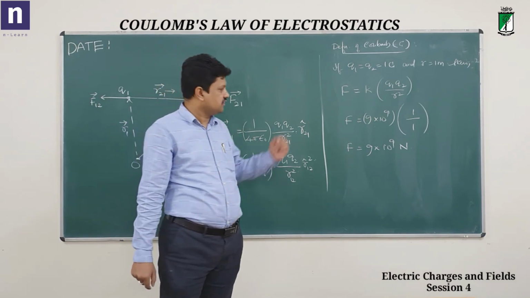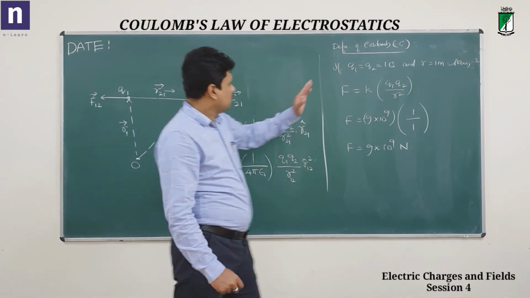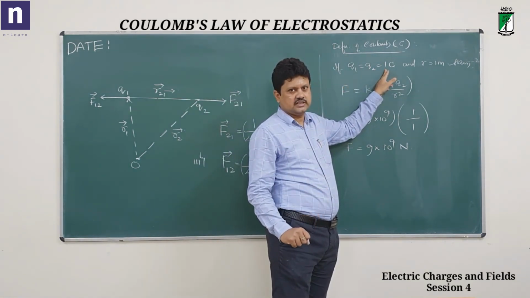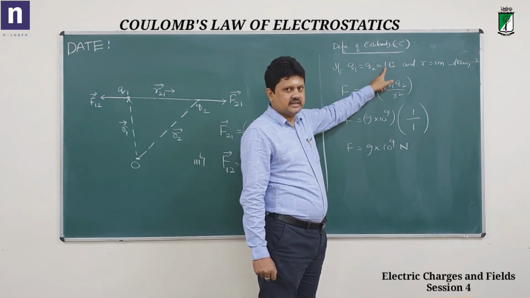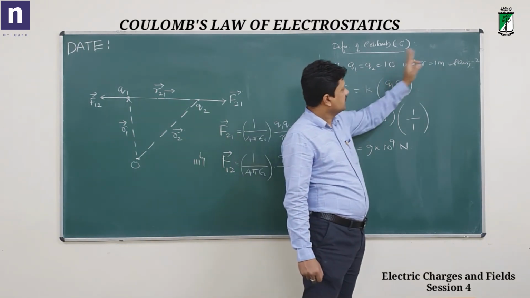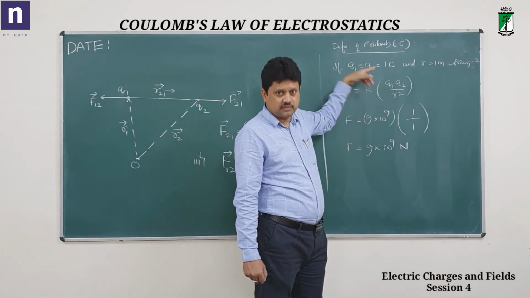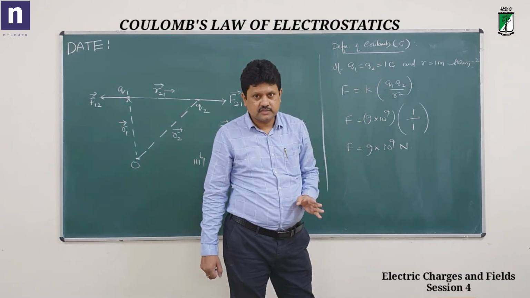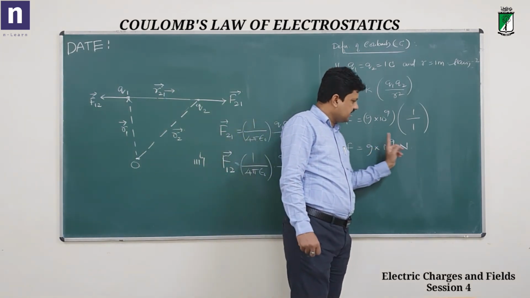This becomes the definition of Coulomb. So let me put it in words. 1 Coulomb is that charge which, when placed at a distance of 1 meter from an identical charge, that is another 1 Coulomb charge, in air or vacuum, experiences a force of 9 into 10 to the power 9 newtons.